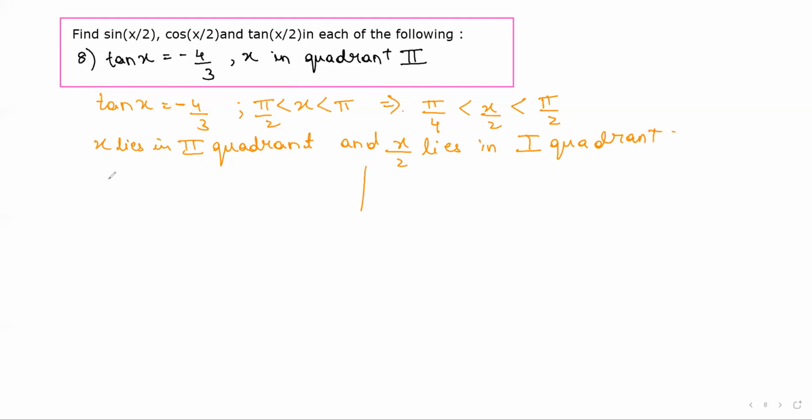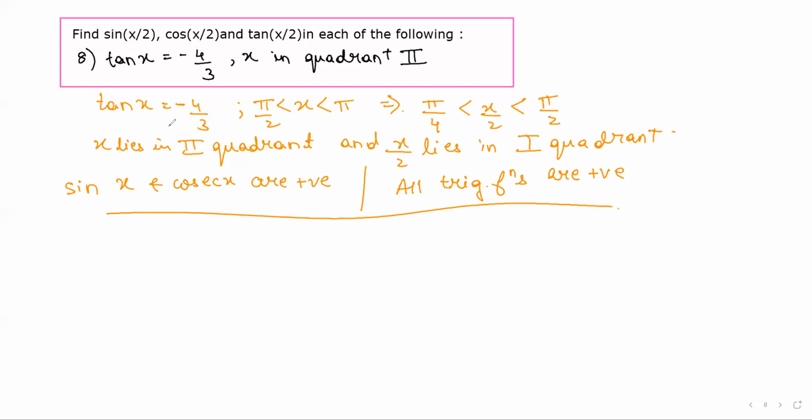In the second quadrant, your sin x and cosec x are positive, and in the first quadrant all trigonometric functions are positive. Okay. With this knowledge, your tan x is equal to minus 4 upon 3.